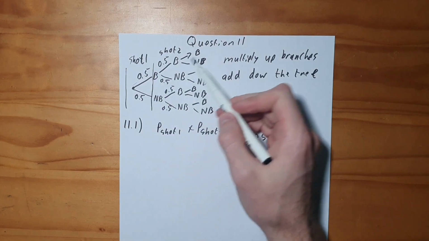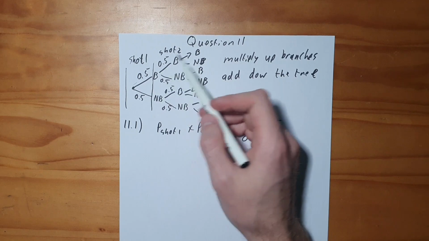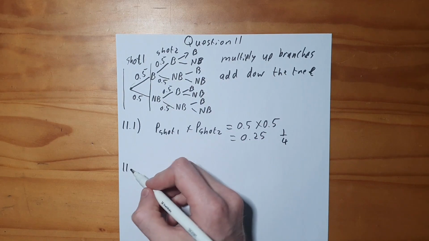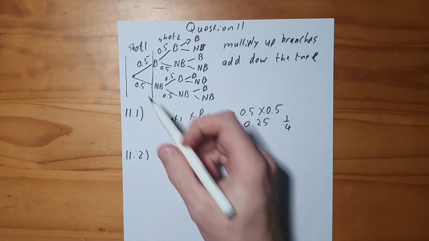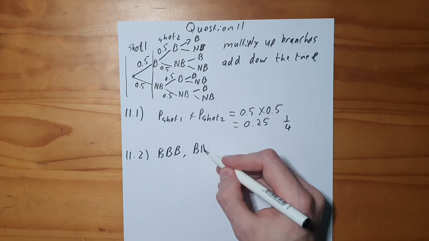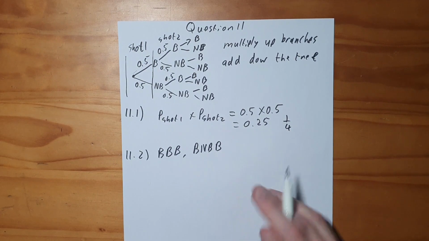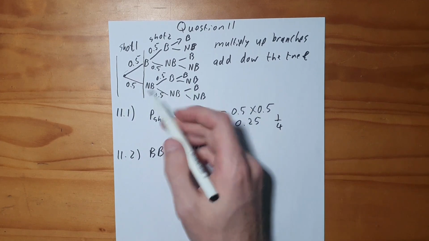So this first one contains 3, so it has a minimum of 2. We'll use the branch B, B, B. Then if we go up here again, bull, not a bull, bull, so we use B, N, B. Then if we come down, not a bull, bull, bull, there's 2.